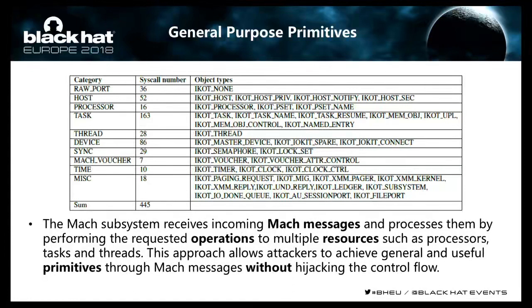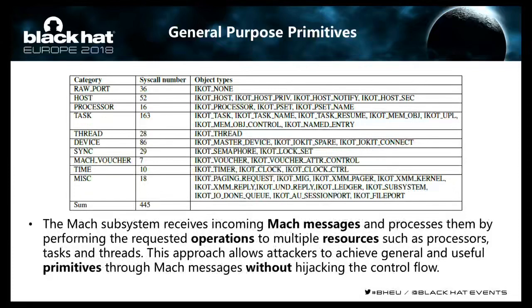The first category is general-purpose primitives. We know that the Mach subsystem in the XNU kernel is a server that serves objects in various ports. This server receives incoming Mach messages and processes them by performing the required operations on multiple resources, such as processors, tasks, and threads.